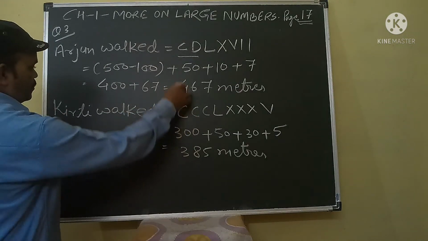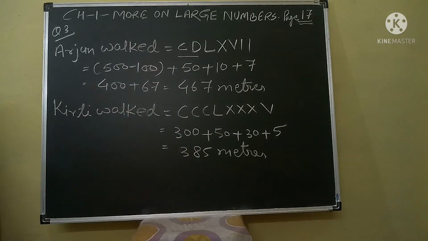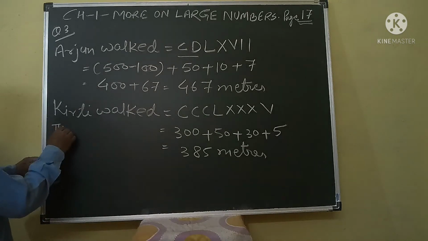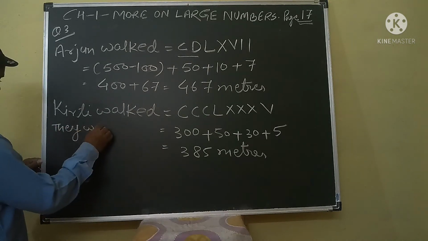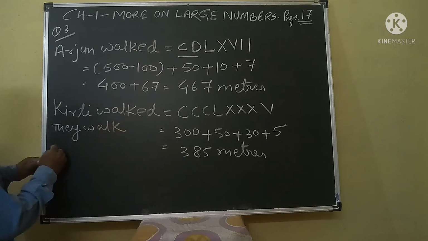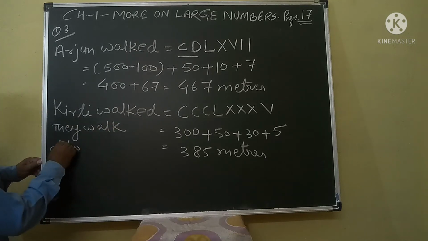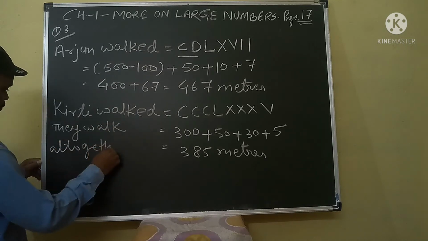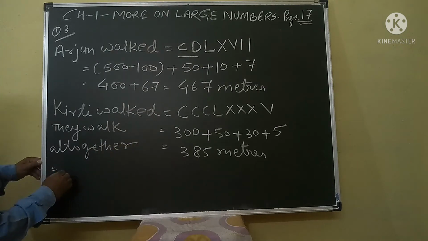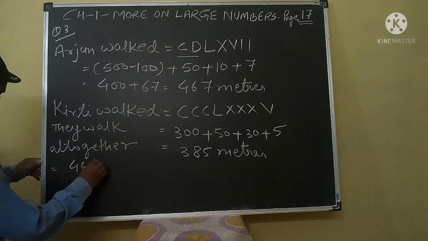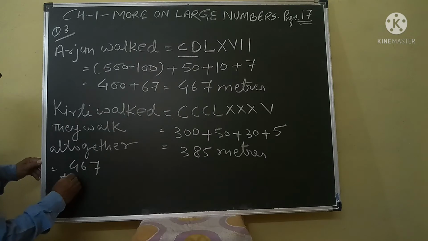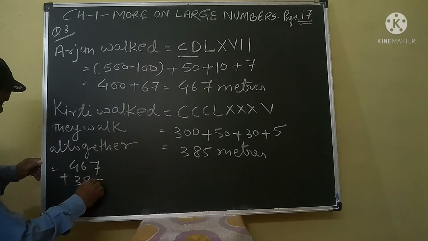Then what will we do? We will add these two natural numbers. So they walked all together 467 plus 385.